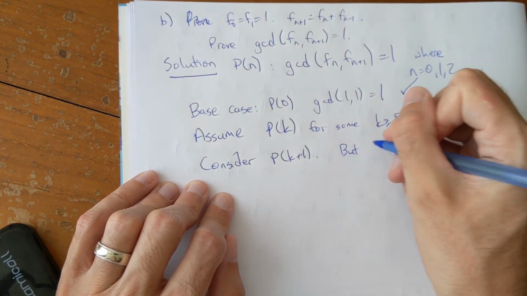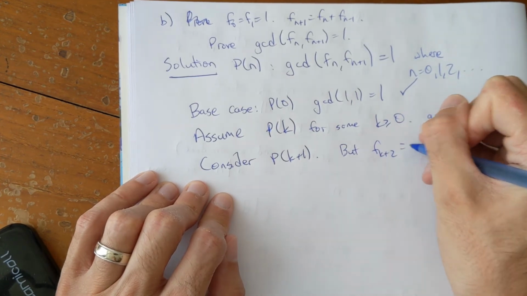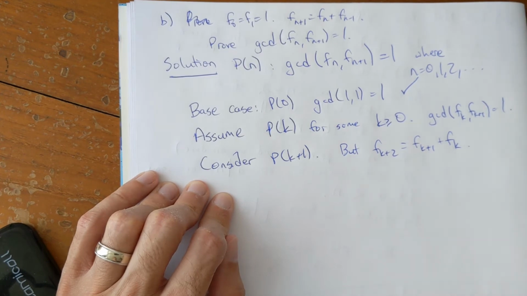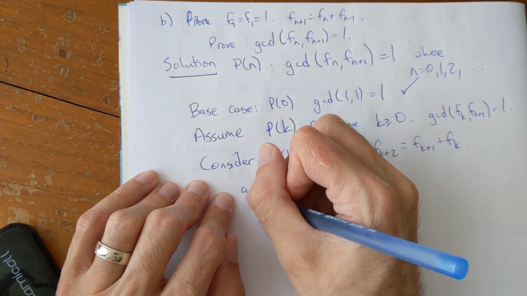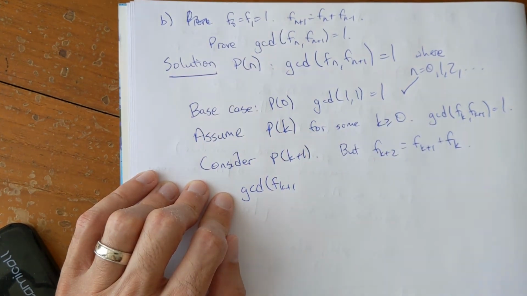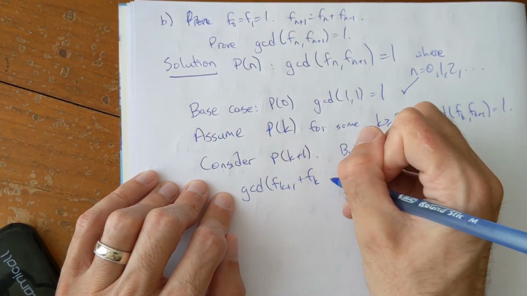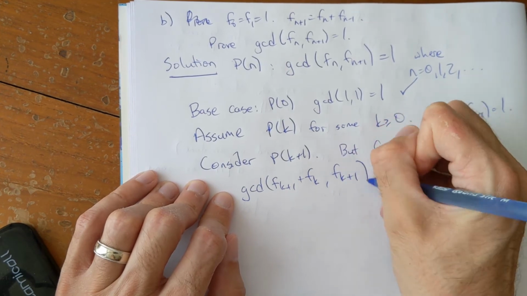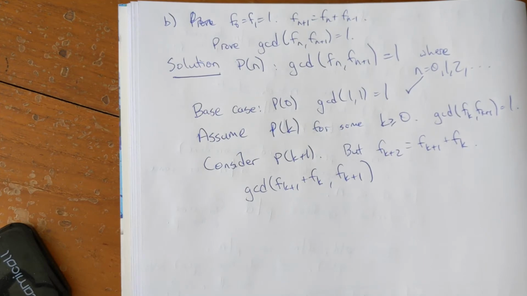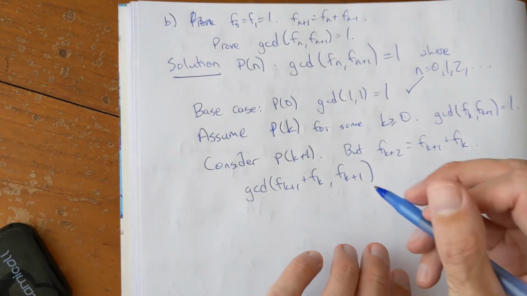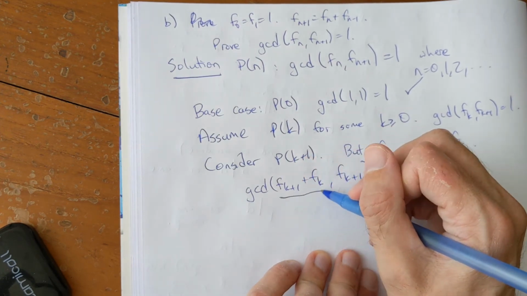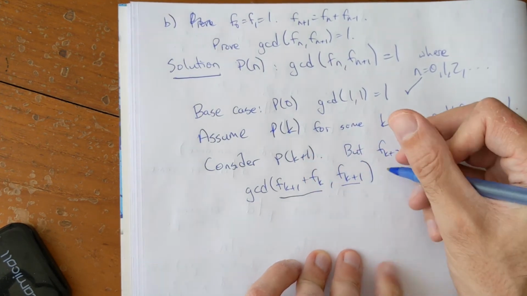But f_{k+2} is just f_{k+1} plus f_k. Now the GCD of f_{k+1} plus f_k with f_{k+1}, well, we can take this and subtract this, and we get the same.